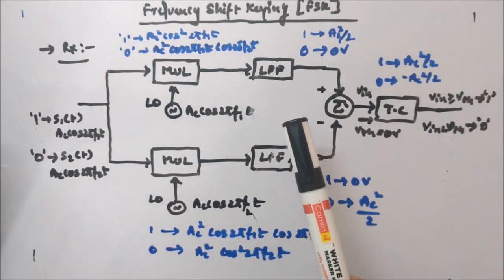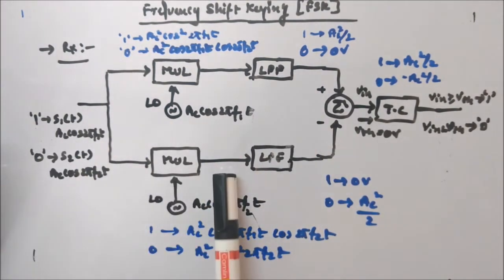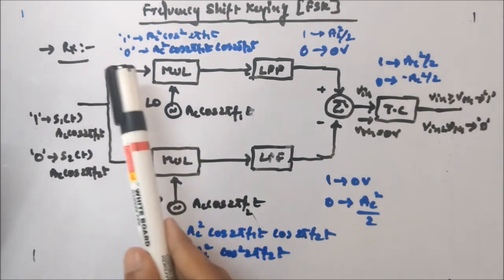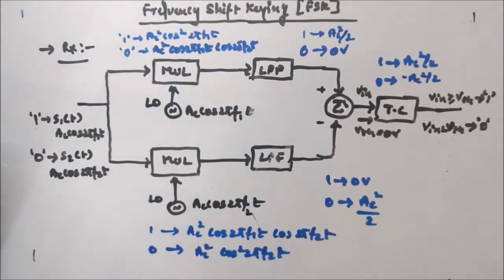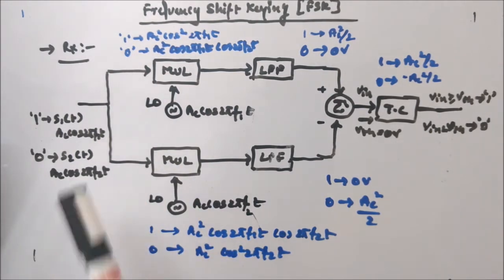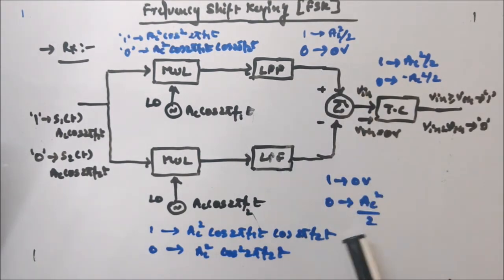Now when bit 0 comes, the output of the multipliers will be Ac² cos² 2πf2t, and Ac² cos 2πf1t cos 2πf2t. So this will be the output in the case of S2(t). Now the low pass filter outputs will be 0 volt and Ac²/2.